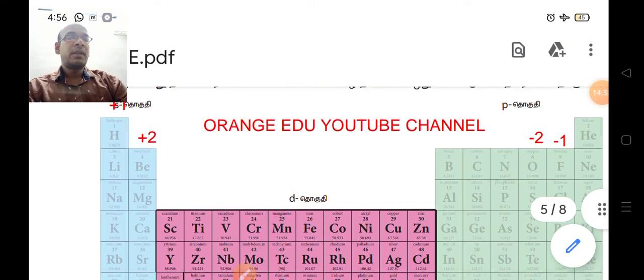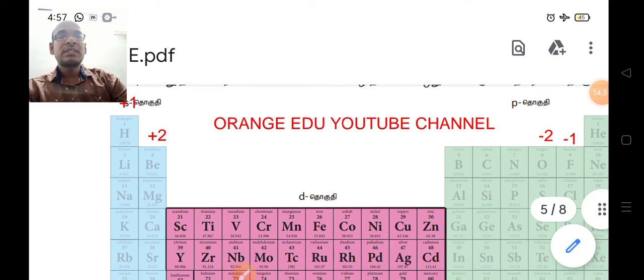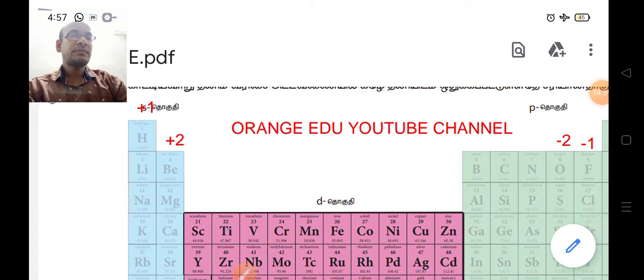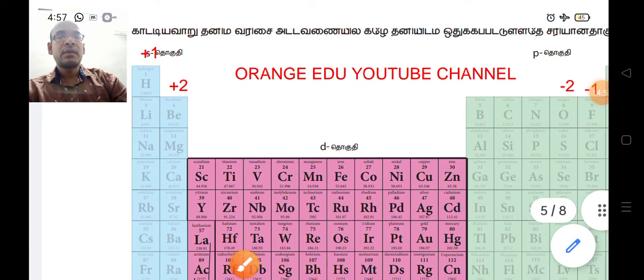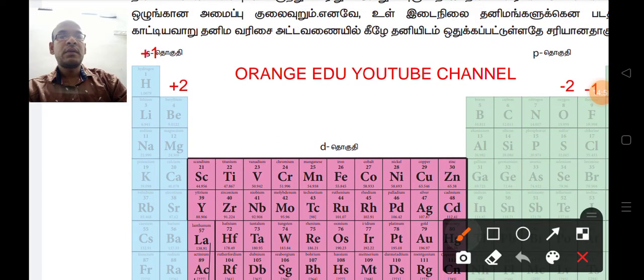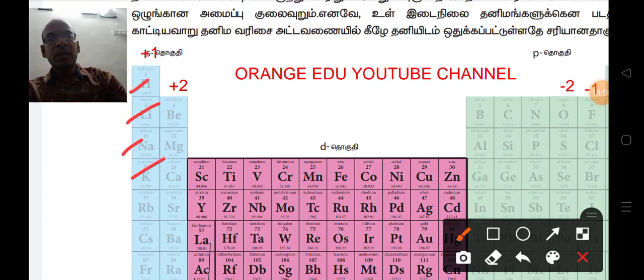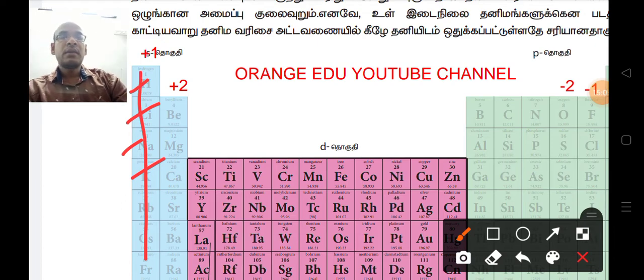In this periodic table, the first group, lithium, sodium, potassium, this first group has a plus 1 charge.